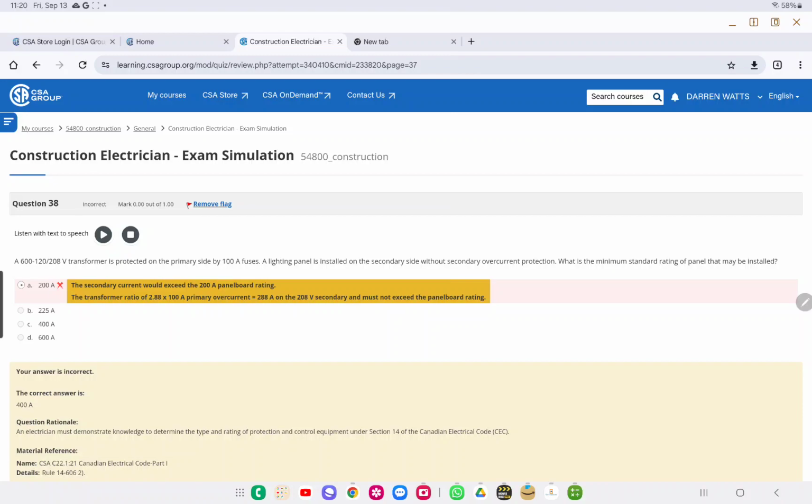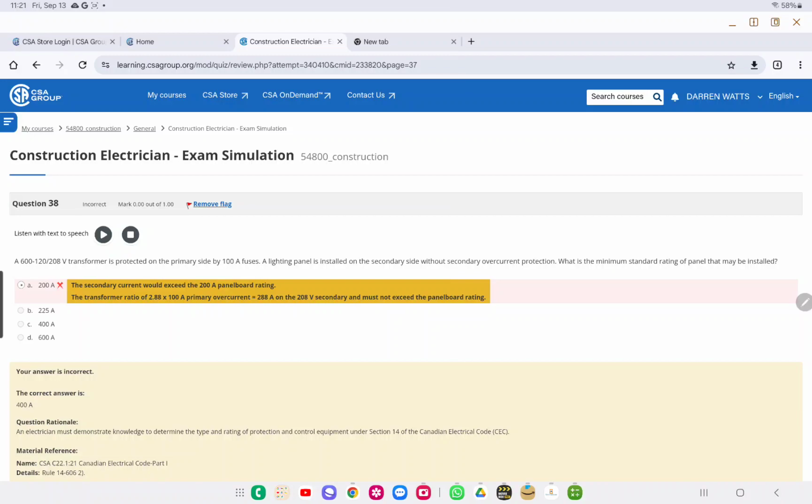Hold on. Sorry, I had to think for a second. Okay, so we have 2.88 to 1. So it's inverse. The amperage is actually inverse.